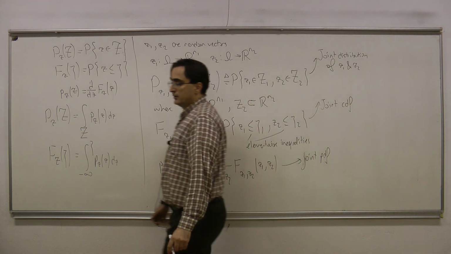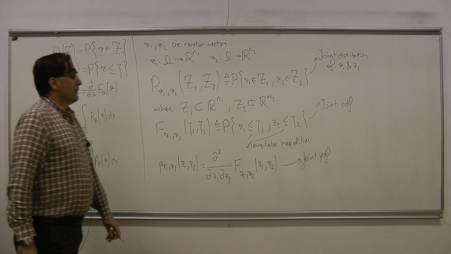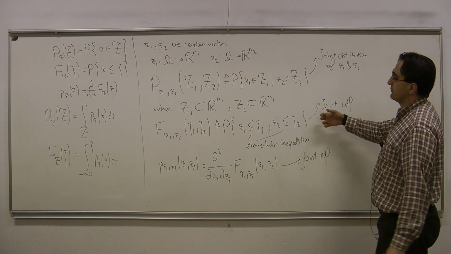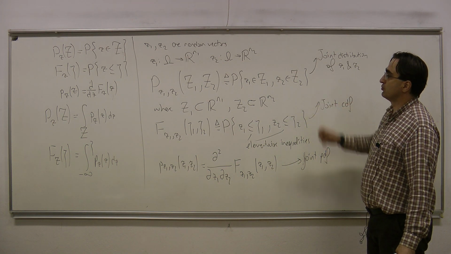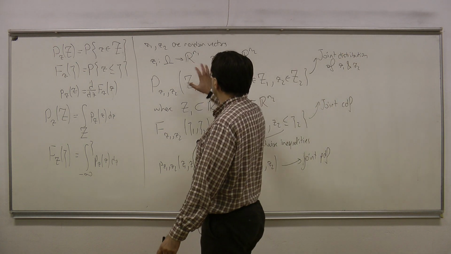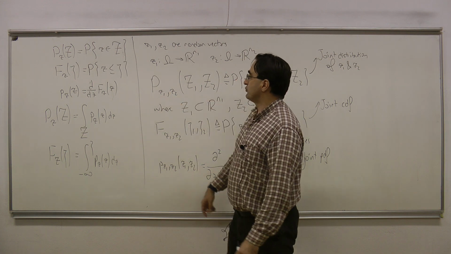PDF of Z1 and Z2. Okay? So of course, when you know the joint PDF or joint cumulative distribution function or the joint distribution function, then this is much more powerful than knowing the individual marginal distributions.